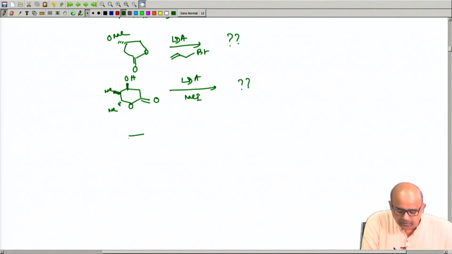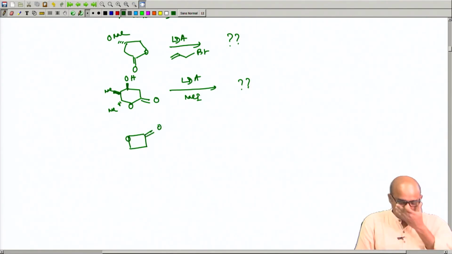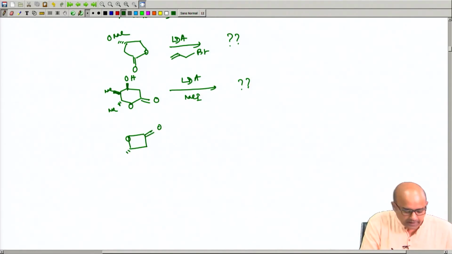The last example which we will talk about is a cyclic lactone, a 4-member lactone, a beta lactone, and here you do have a pretty bulky group.